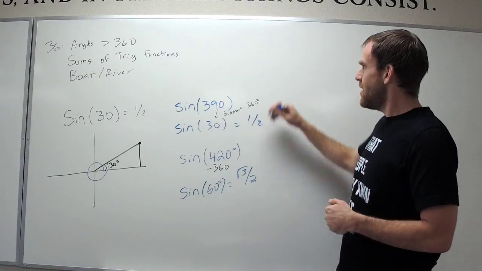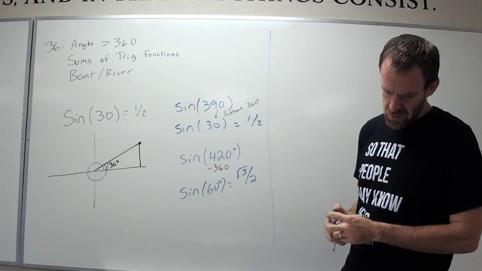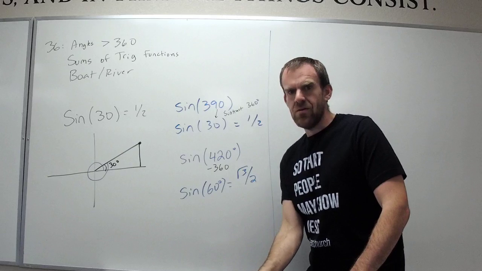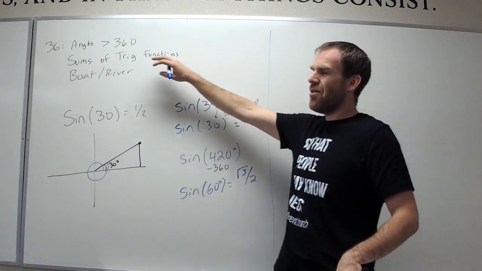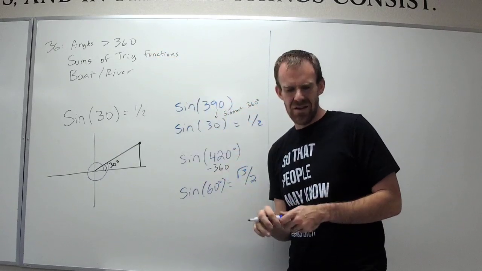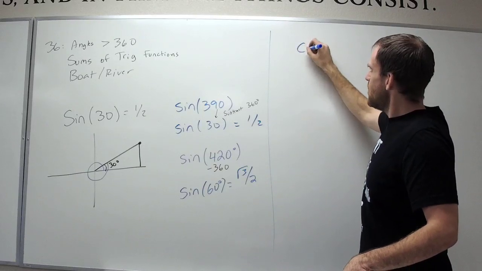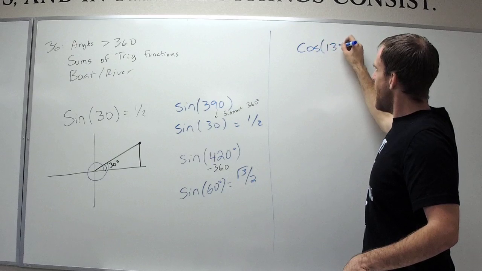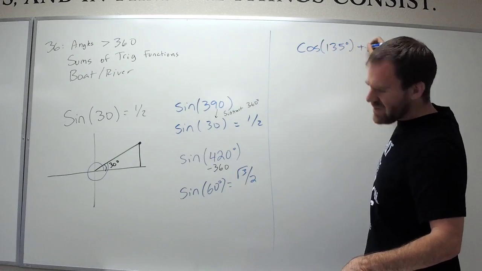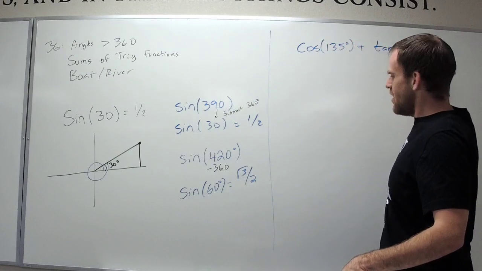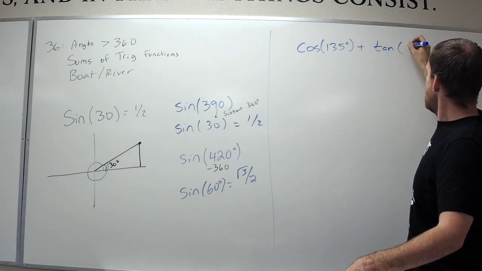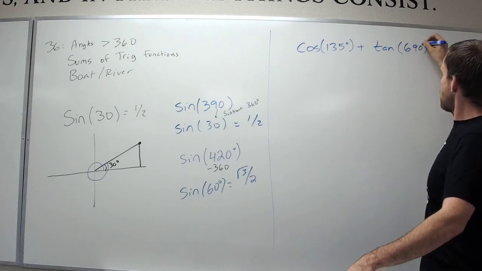So with that said, let's tackle a couple more of these, but with some added complication. Now, we're going to have them added together with other trigonometric functions. So let's find cosine of 135 plus tangent of, wow, this is a big number, 690.